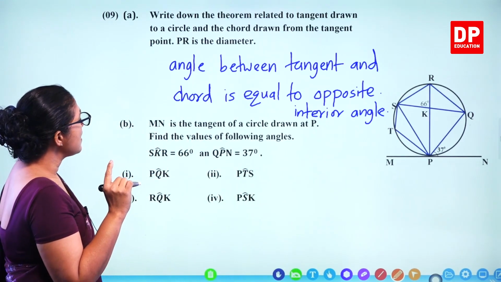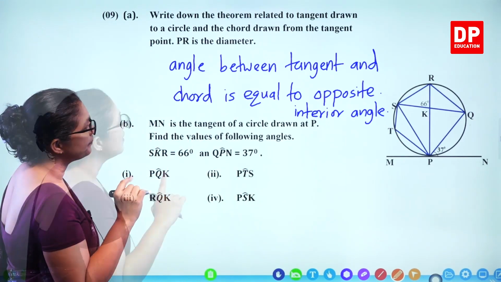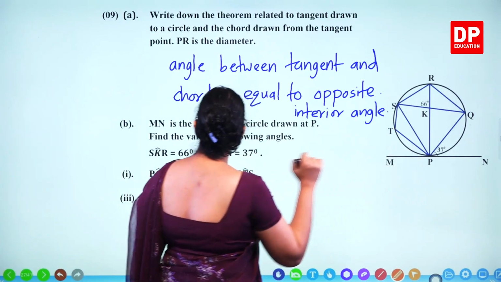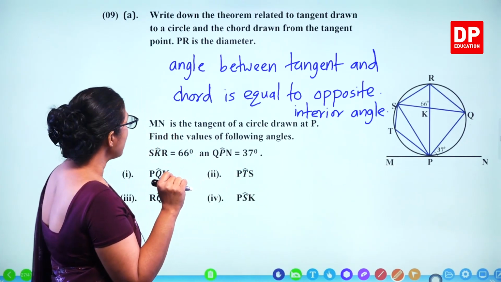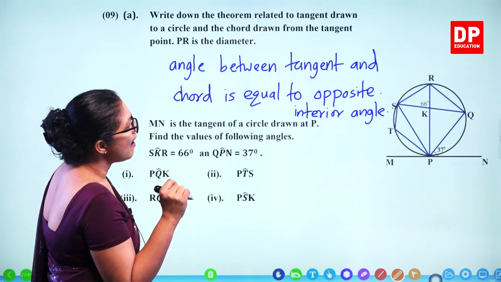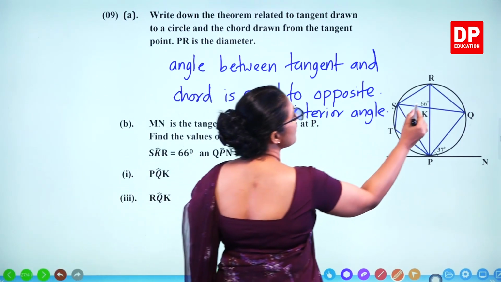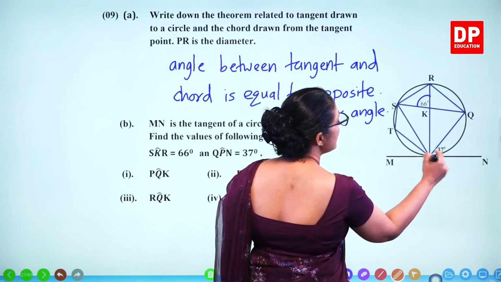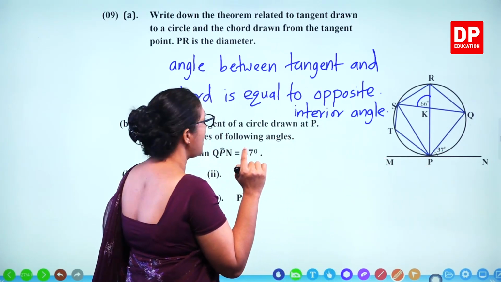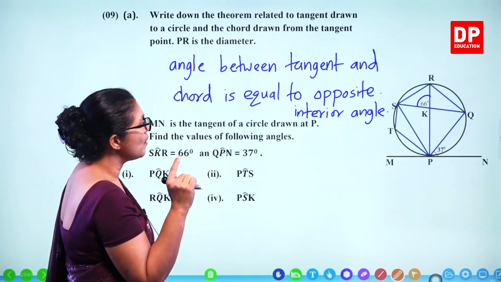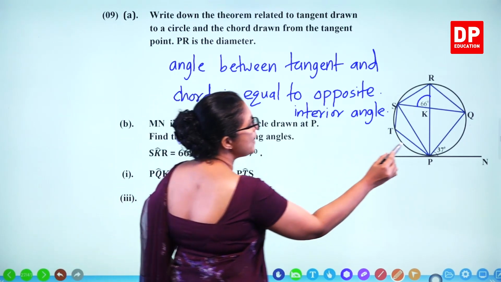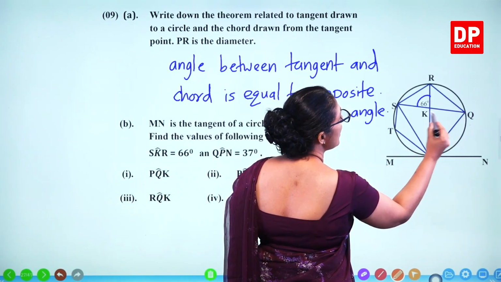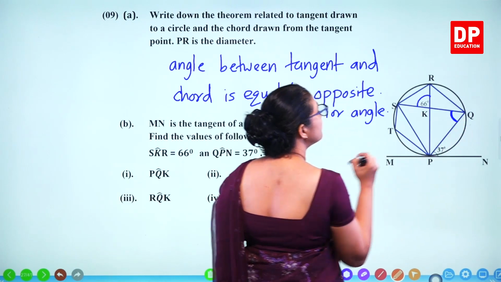Then it says MN is the tangent to the circle drawn at P, and find the values of the following angles. SKR is given as 66, QPN is 37, and you have to find PQK.